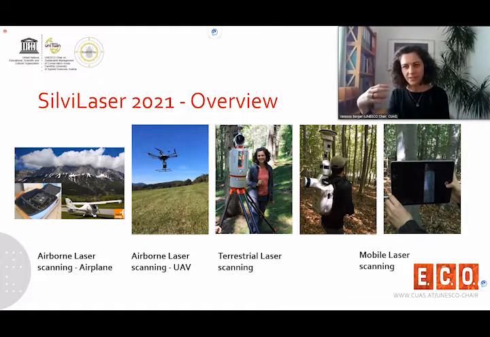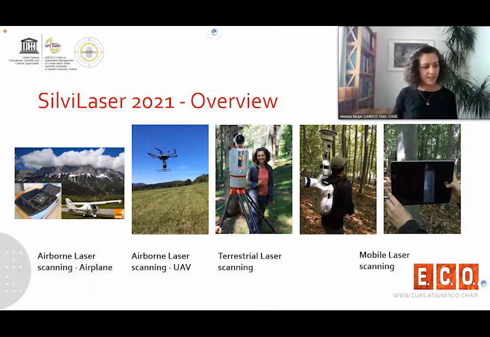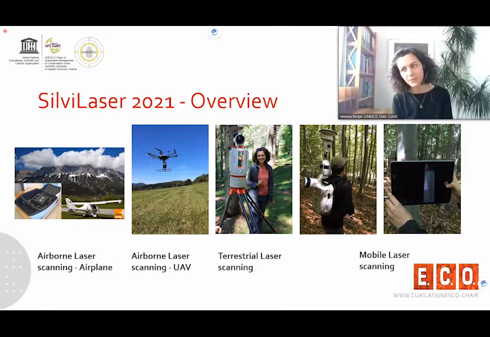This means we try to get reflections from the laser, and these then structure the ecosystem, so the forest. The point density for airborne laser scanning is more than 100 points per square meter.